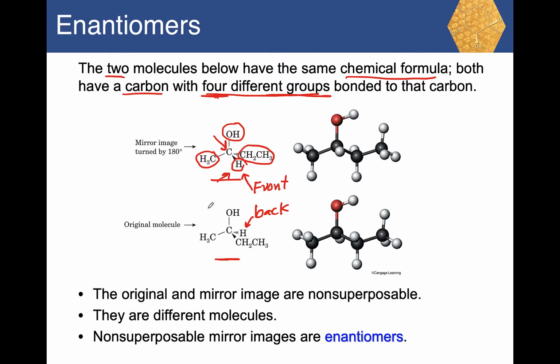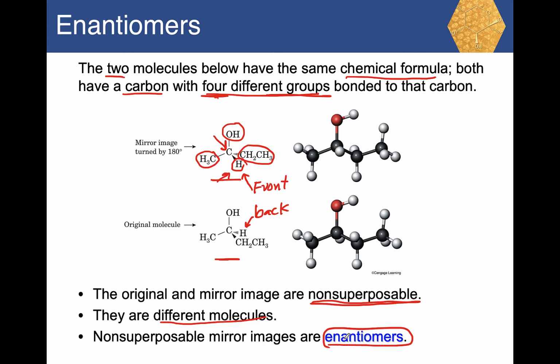So if you are good at visualization, you will see that these molecules are non-superimposable on itself. Therefore, they are different molecules, and the relationship is that they are enantiomers.